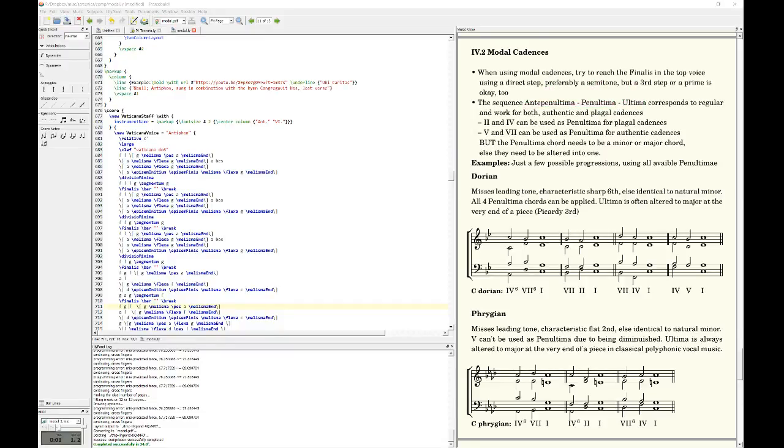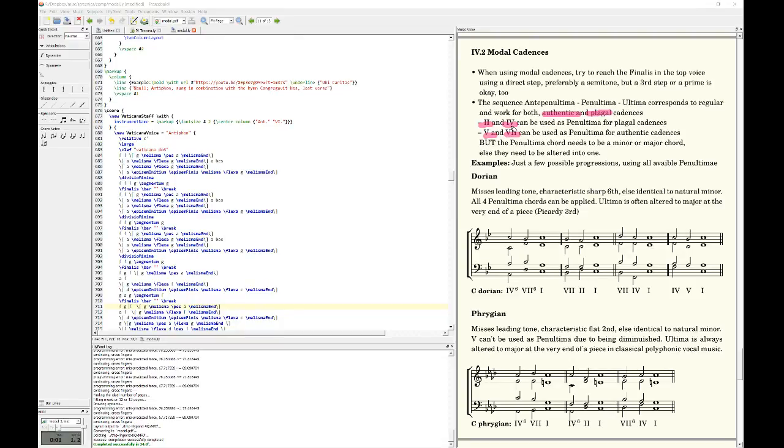And if we make modal cadences, we can have both kinds of cadences, which are authentic and plagal cadences. Authentic cadences reach their root from above, from the fifth or from the seventh step, falling down. And plagal cadences are cadences that actually climb up from the second step or the fourth step to the root.